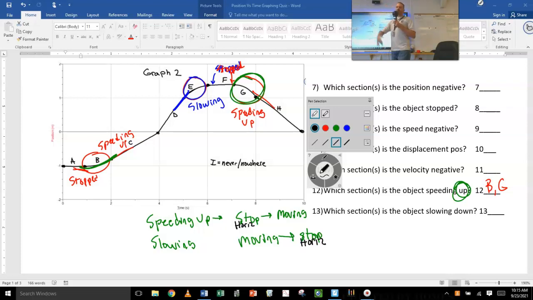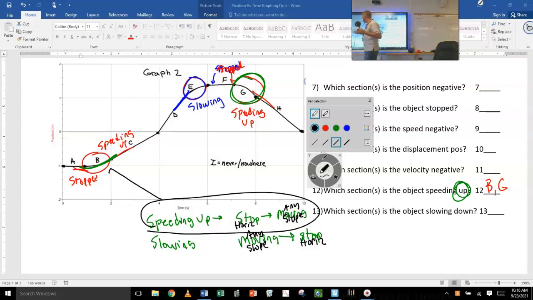So you start at a horizontal line, and then you go to a slope. Any slope. Any slope to horizontal. And let me show you right here how speeding up matches this. Here's my horizontal line, and here's my slope.